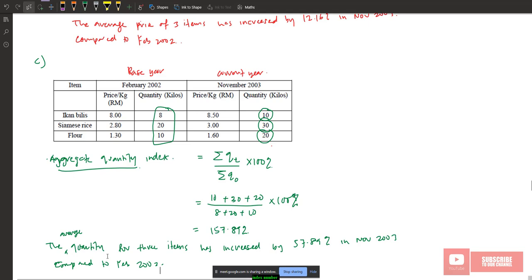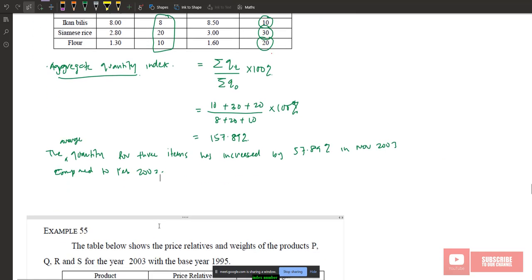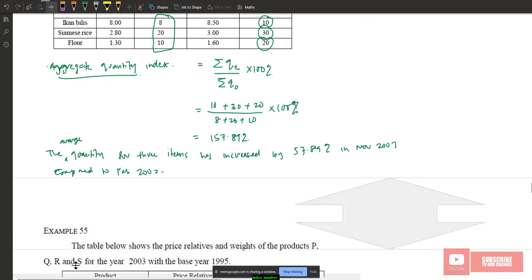So this is how we interpret the value of index number. It should be very easy, right? Now we move to the next question.